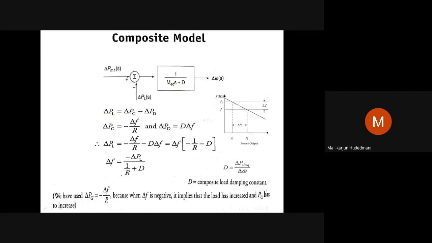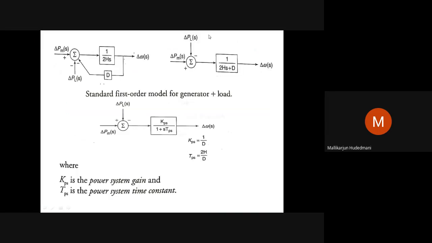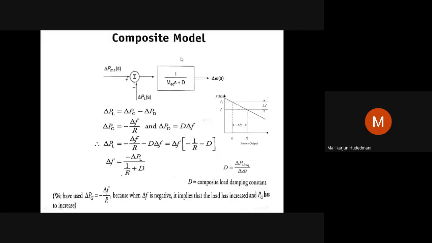Now let us imagine such generating areas connected in parallel, responding to a change in load, how these will respond. So for that composite model, this is called the equivalent area, MS plus D. M and D, M and H are again represented this way.